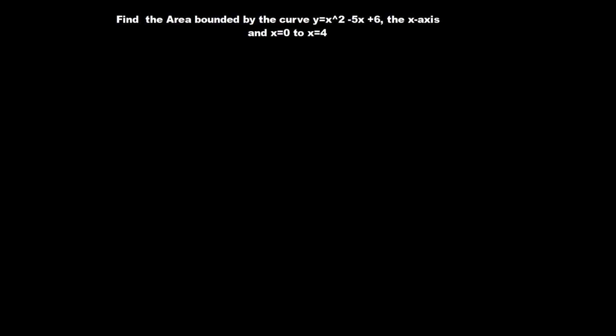Find the area bounded by the curve of y equals x squared minus 5x plus 6, the x-axis, and x equals 0 to x equals 4. So first, let us plot and graph this.